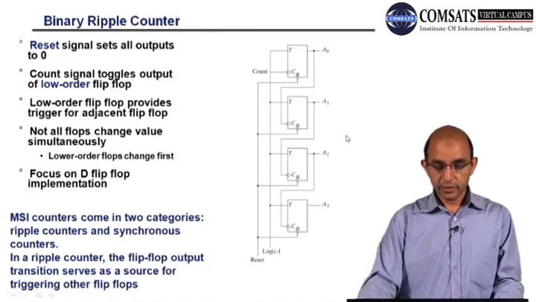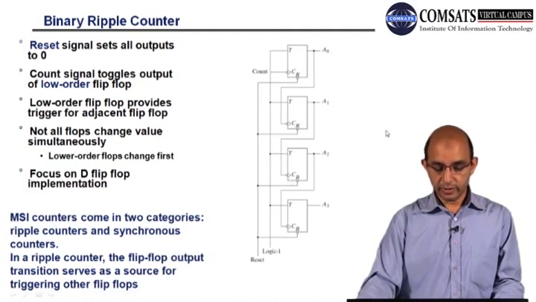It means all the flip-flops will not be changing their states simultaneously. In the first clock we will have a toggle here, and that toggle will affect this, because this is the clock. Then this will toggle, and this toggle will be applied as an input to this clock.